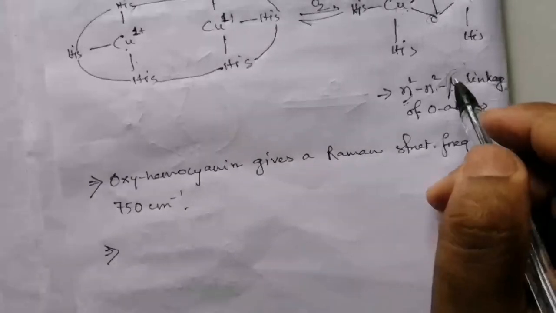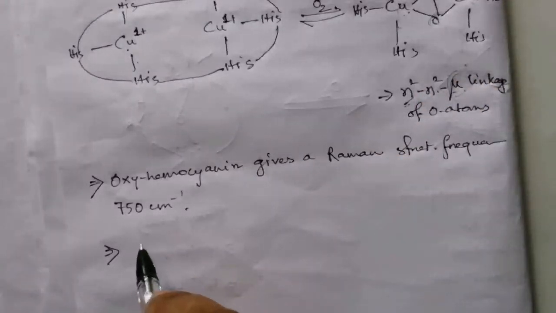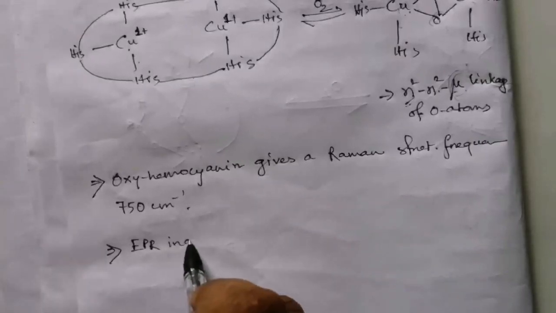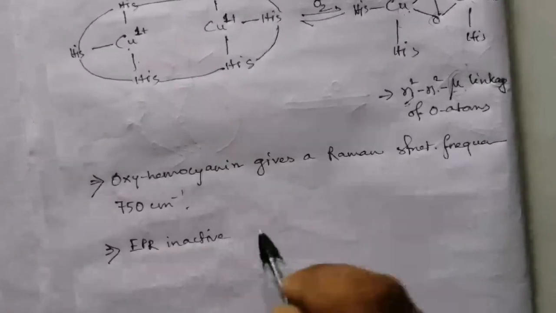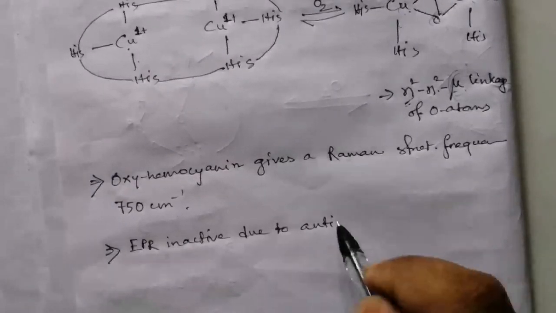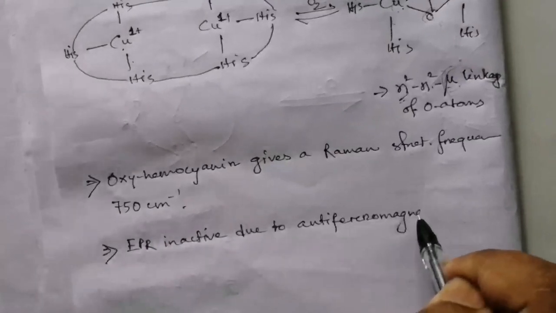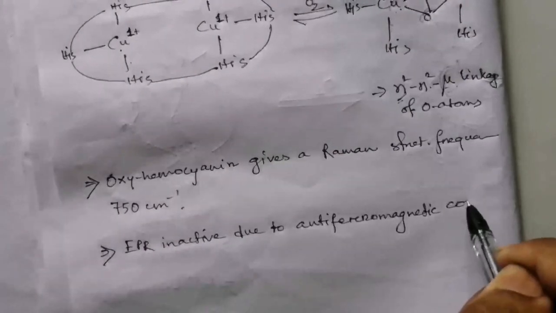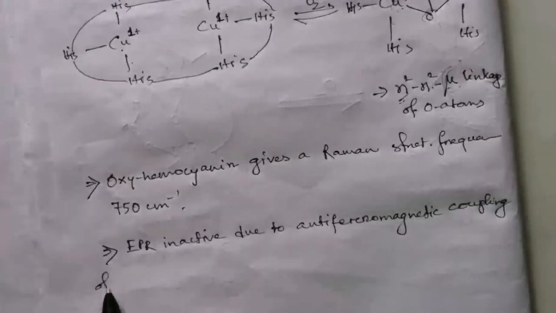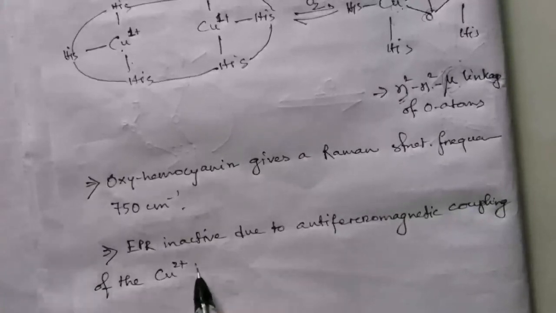In the oxy form, the hemocyanin is EPR inactive due to the antiferromagnetic coupling of the two Cu2+ ions.